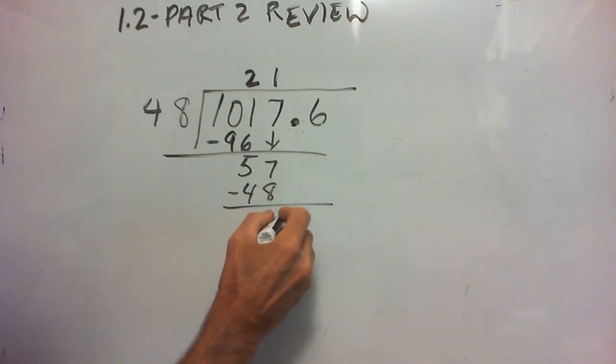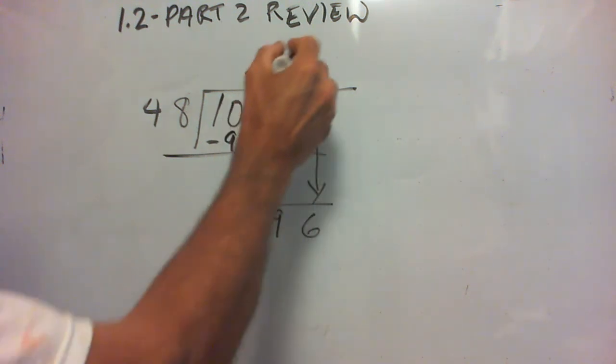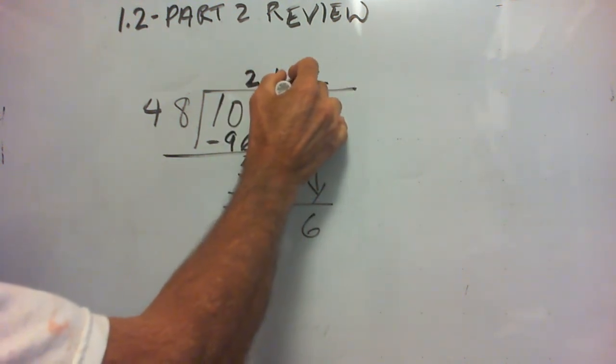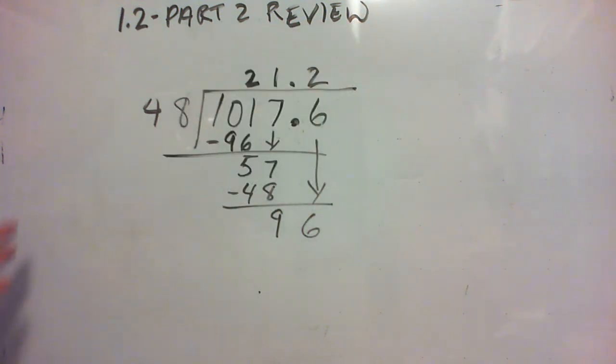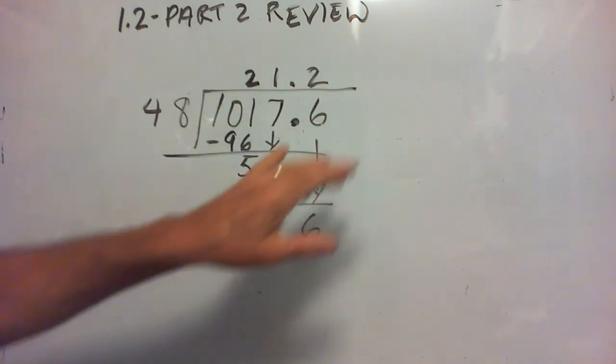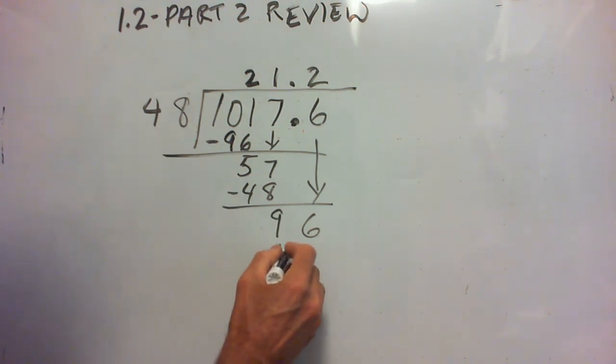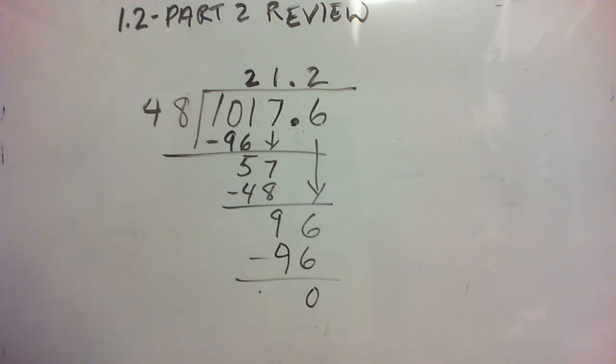Subtract, get a 9, carry down that 6, and 48 goes into 96 an even 2 times. This is kind of unusual that it would divide in like that. If it didn't divide in an even number of times, you would just have to know where to round the answer off, or how many decimal places you wanted to keep. But in this case, it goes in an even number. So it's a terminating decimal answer of 21.2.